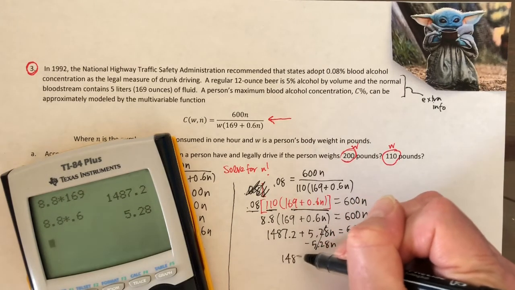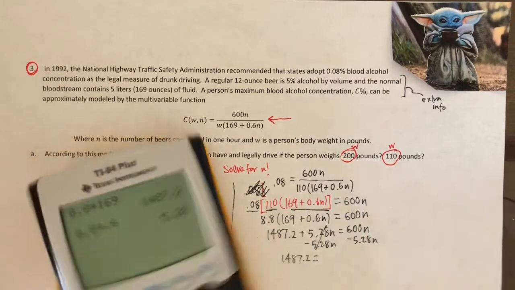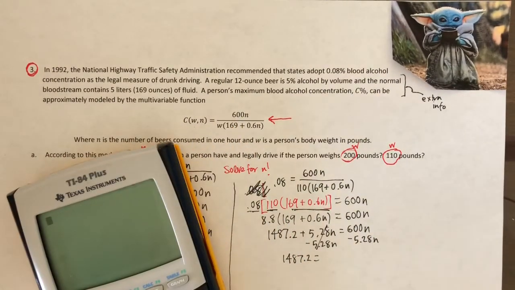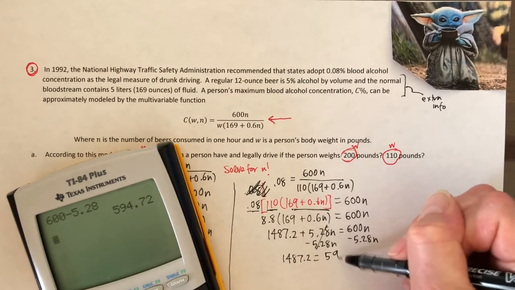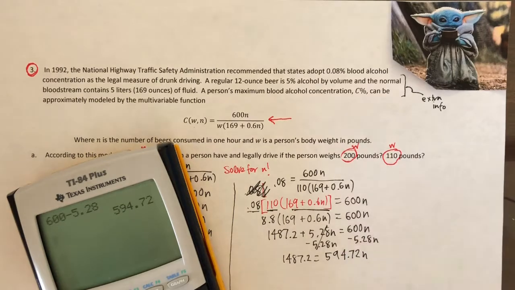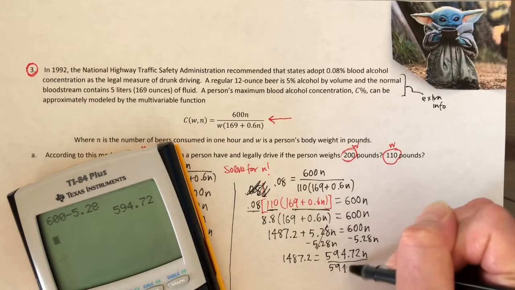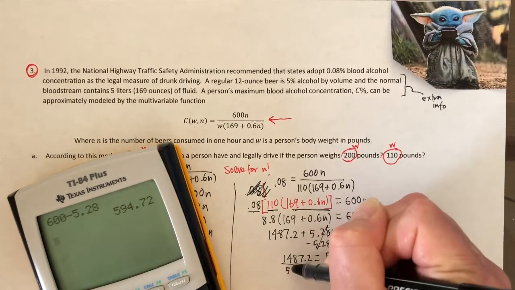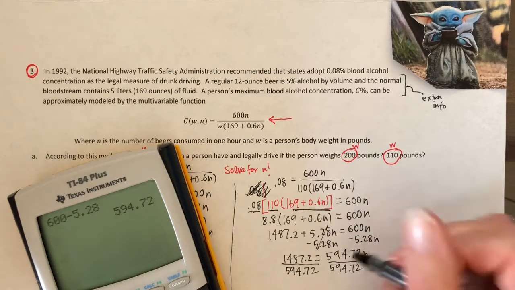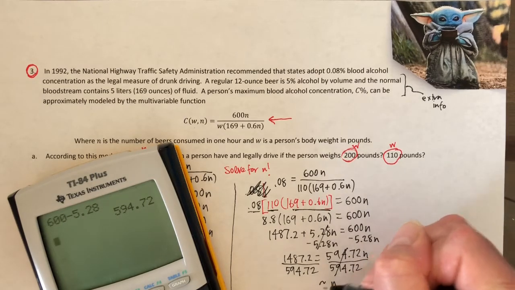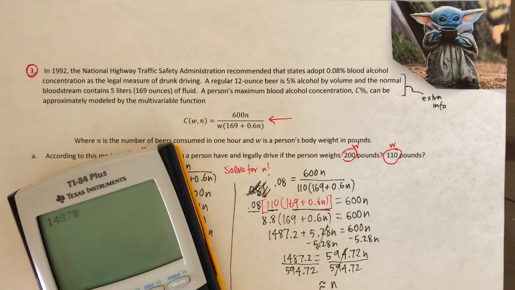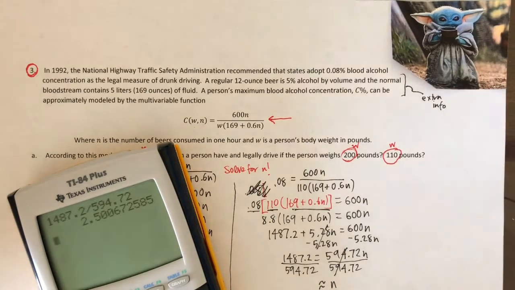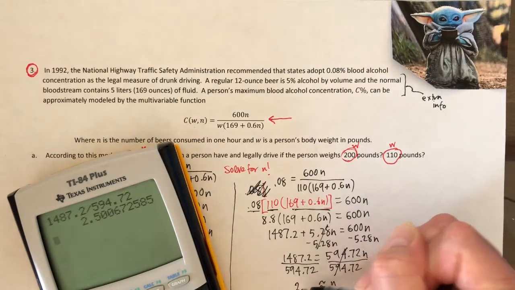And I have 1487.2 equals 600 minus 5.28, which is 594.72 N. Last thing to do to solve for N is divide both sides by 594.72. And then we find out that N is about 2.500, so about 2.5.